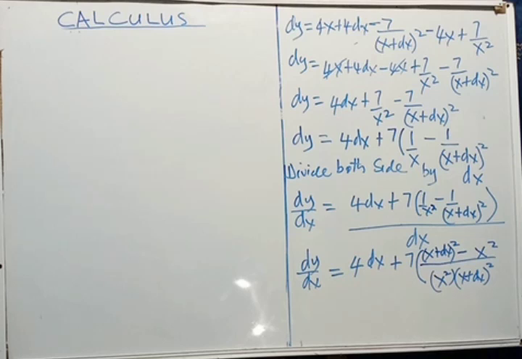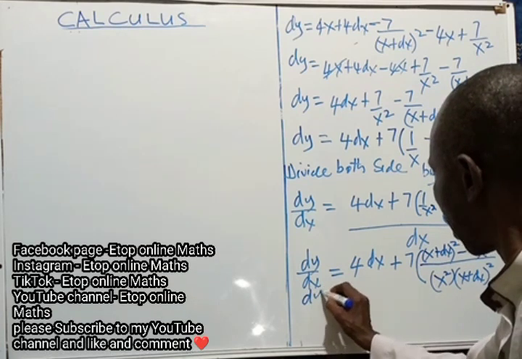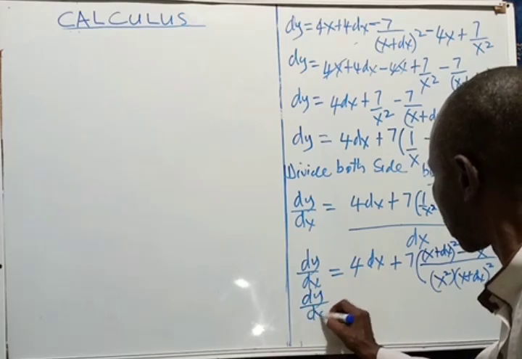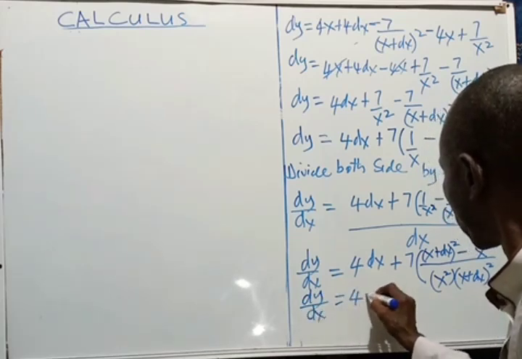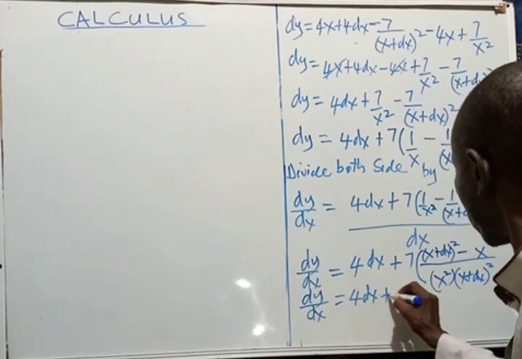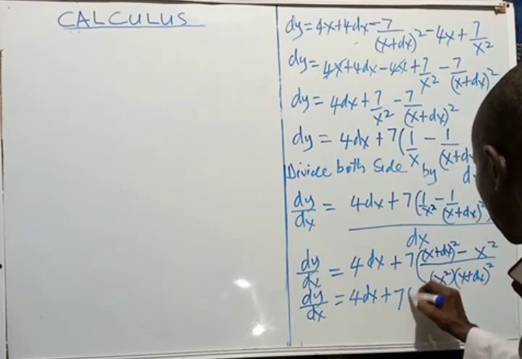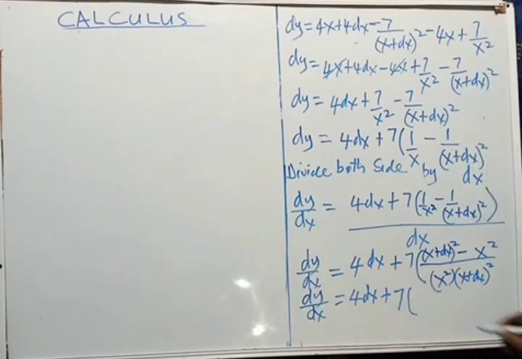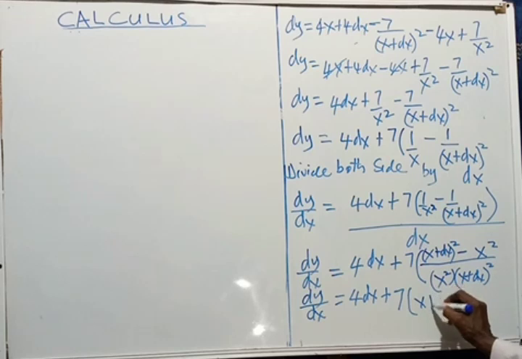So I simplify further. From here, I now have dy over dx equals 4 dx plus 7 into x plus dx squared. I expand this.